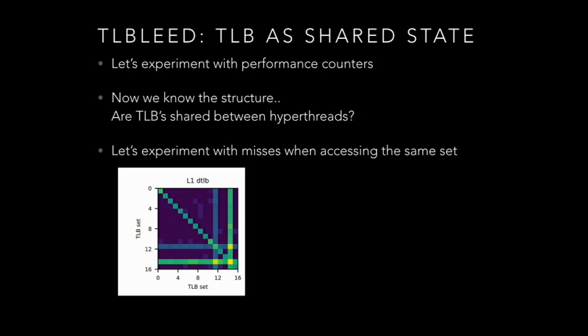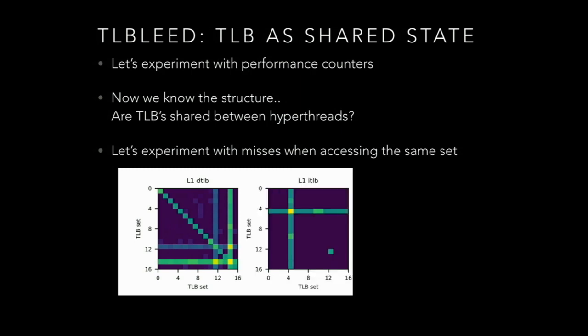If the TLB is shared, we should see evictions depending on who's accessing what. And as you can see with the L1 DTLB, we do get the evictions that we're expecting. Whenever we access slot 0 on one thread and slot 0 on the other thread, we see evictions, but not in other combinations. So 0 is shared with 0, 1 is shared with 1, and so on.